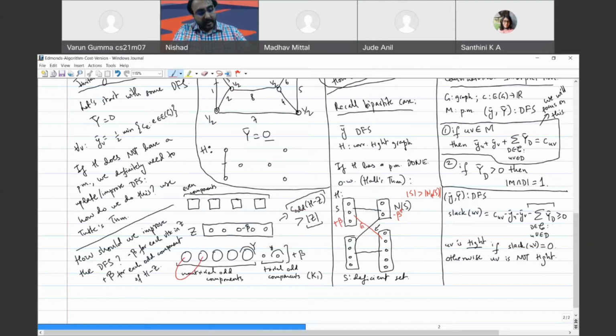Okay, so that is one type of edge. I will actually call it type 2 for reasons that will be clear soon. And there is also another type of edge that may exist in the original graph, but is not in this graph. It could be between an odd component and an even component.